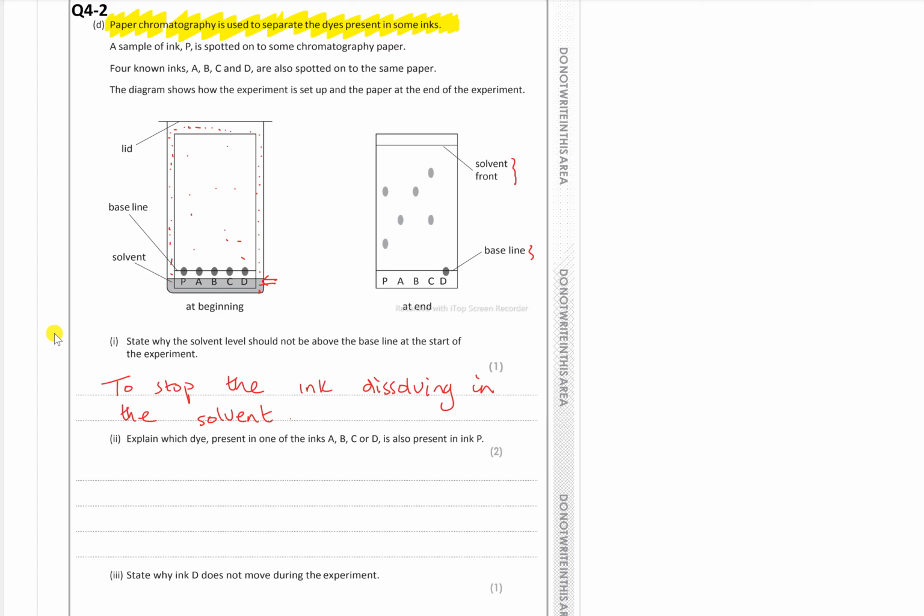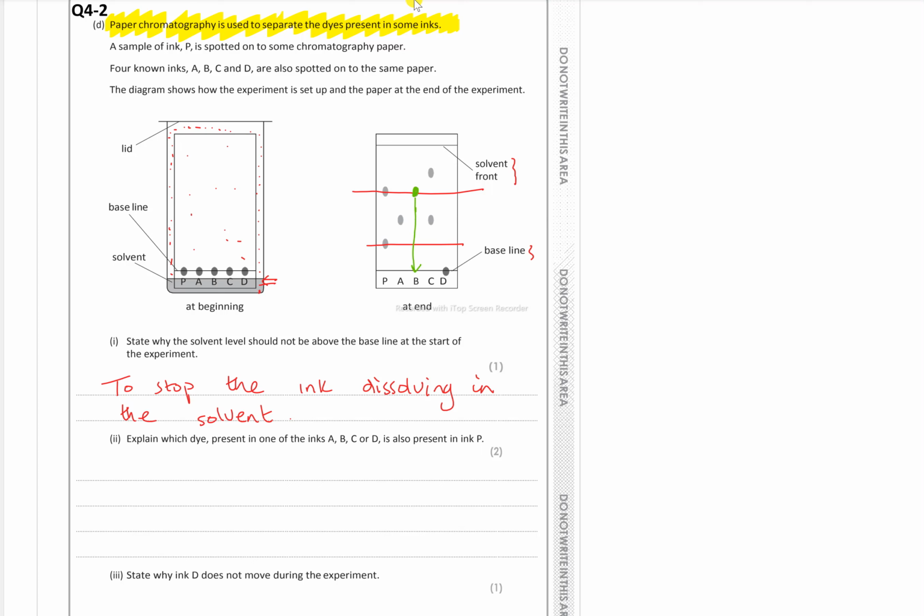Explain which dye present in one of the inks A, B, C, or D is also present in P. So P, you've got this dye here and this dye here. If you look along that line, you can see that is also present. So which one is that?